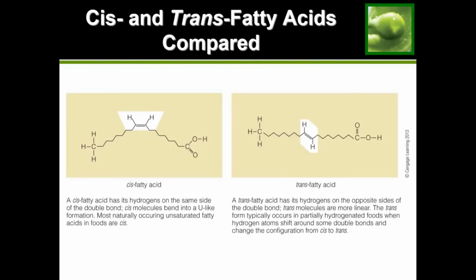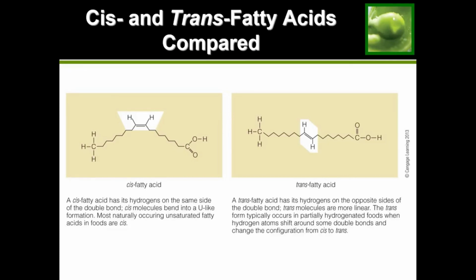Now this over here is just showing us the same thing, just in a different form. So the picture on the left is what a normal unsaturated fat looks like. You see that the place where we have a double bond, they're showing us that the hydrogens that are missing are both missing from the bottom.